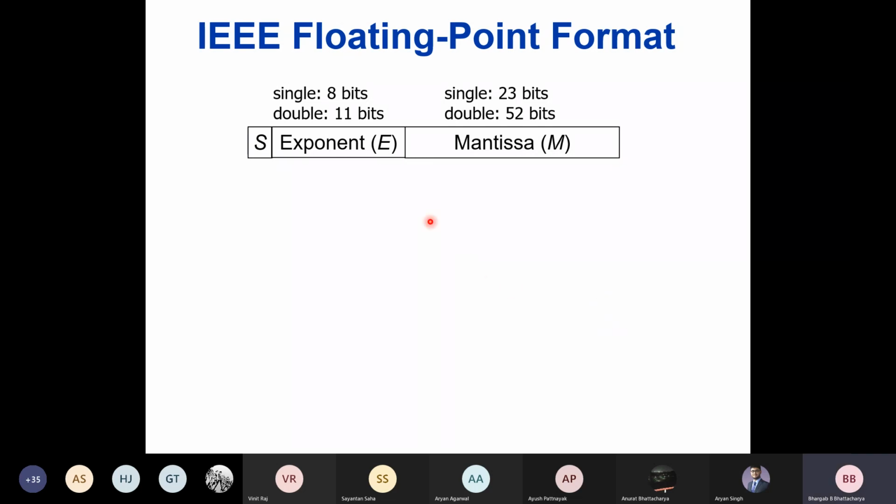Okay, so my second question is, the IEEE floating point committee decided to give 8 bits for the exponent and 23 bits for the mantissa, right? So what does this exponent signify and what does this mantissa signify in terms of the number which is being represented?